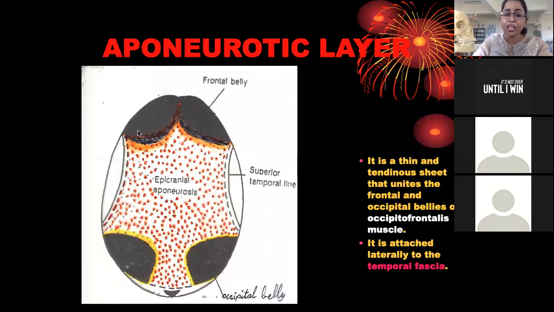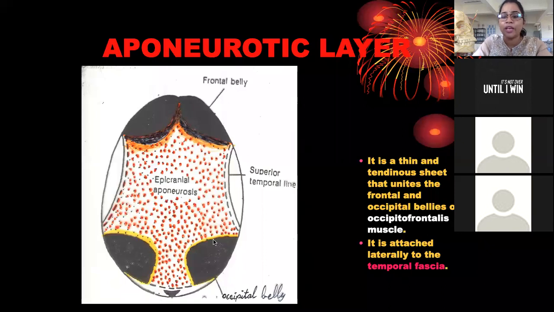Now together, the frontal belly, occipital belly, and the aponeurosis are called the Galea aponeurotica. What is it called?